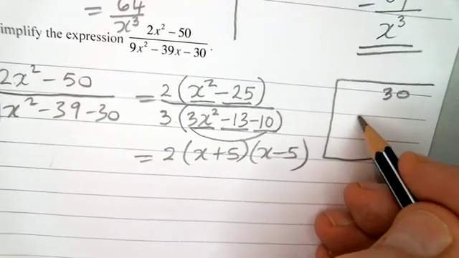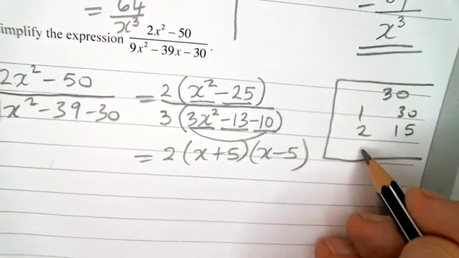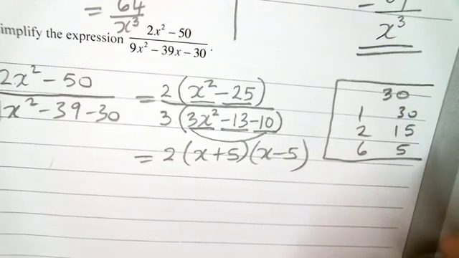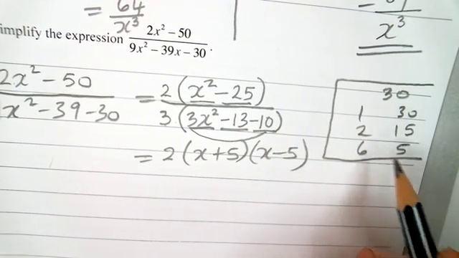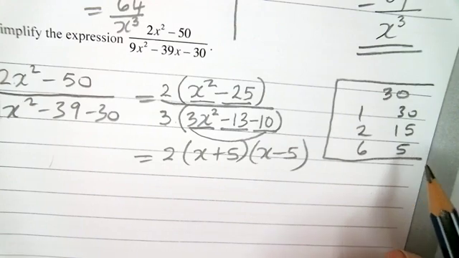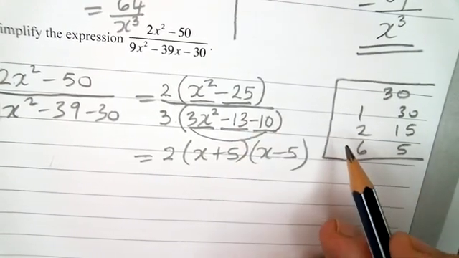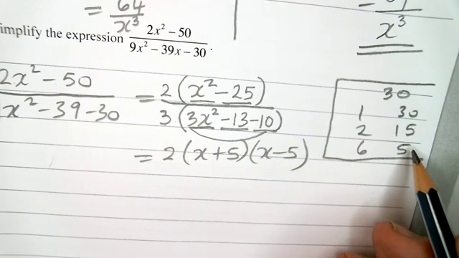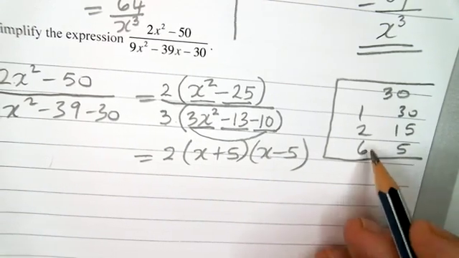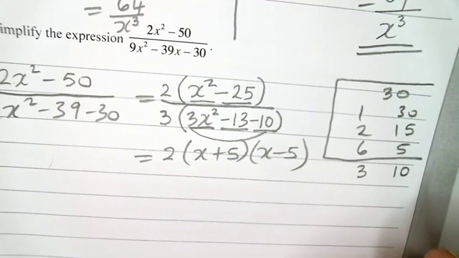And factors of 30 are 1 and 30, 2 and 15, and 6 and 5, and so on. But what we're wanting is something that's going to add or subtract to 13. That's why we've got to be a little bit careful. By the way, we've also got 3 and 10.